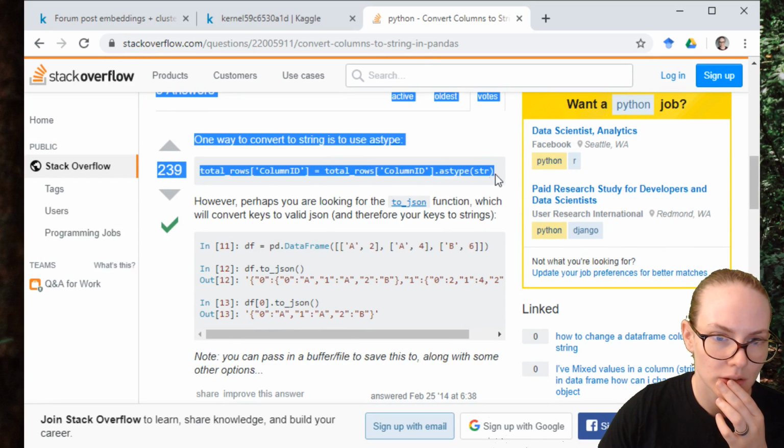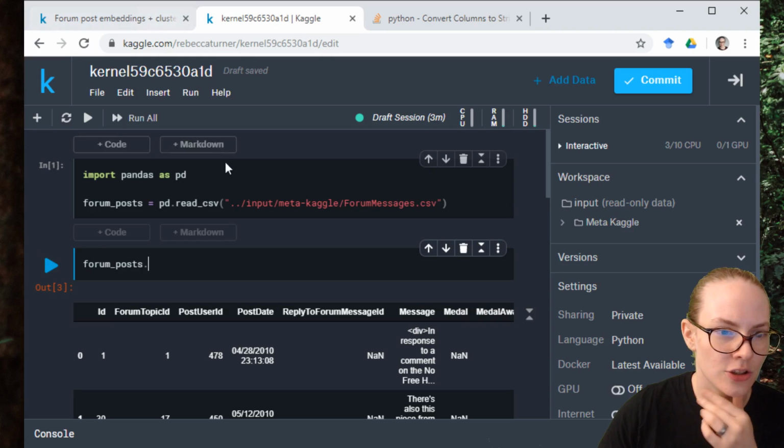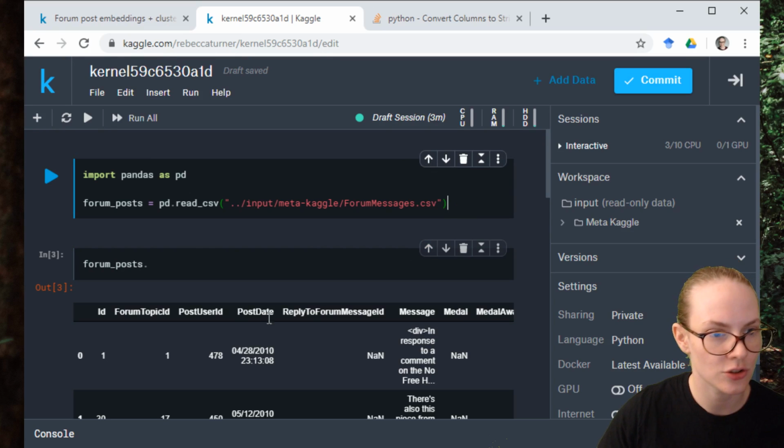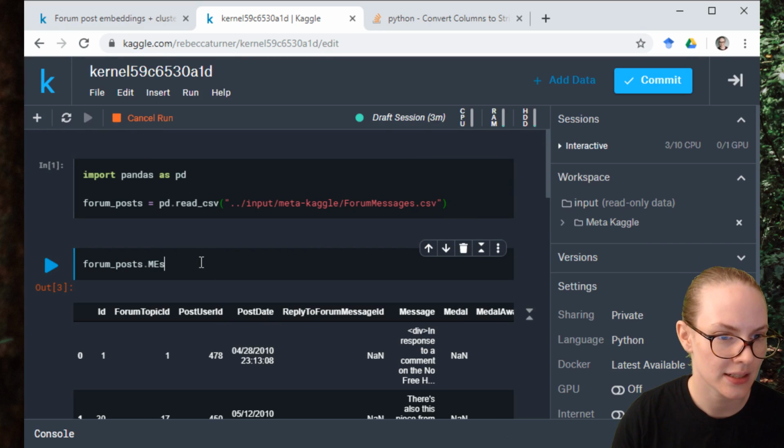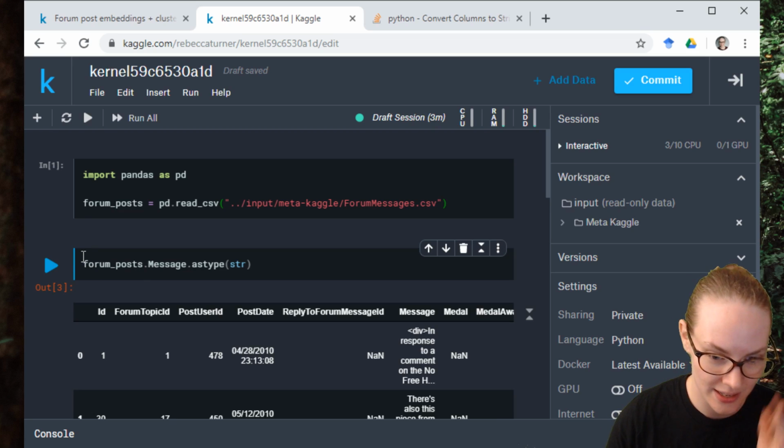Just using astype looks like it'll probably be the easiest. I think we had to do this anyway to have it processed as string. Message, yeah? All right, and we're going to call this text.